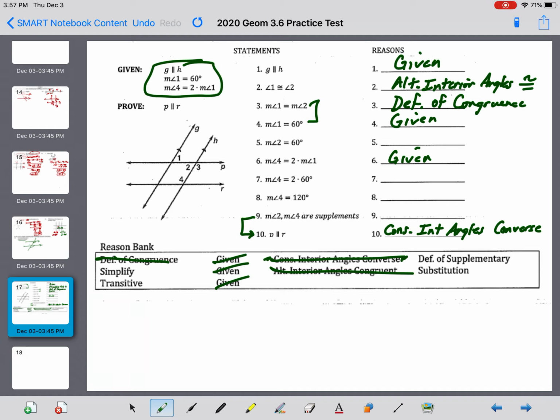So substitution. Oh, or transitive. 1 is equal to 2, 1 is equal to 60. Yeah, we could say transitive for this one. Or substitution. Let's go transitive. If you mistakenly put substitution there, you can switch it out with the other one you put transitive for. Given there, okay. Oh, this is substitution. Number 7 is because you're replacing angle 1 with a 60 that it's equal to from number 4.